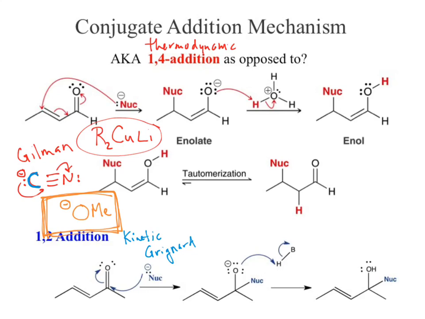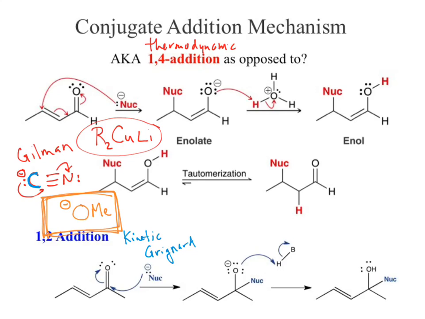What's the relative acidity of an sp carbon versus an OH? You'd have to know something about your pKa's. The pKa of acetylene is 25 to 30. The pKa of an alcohol is 16.